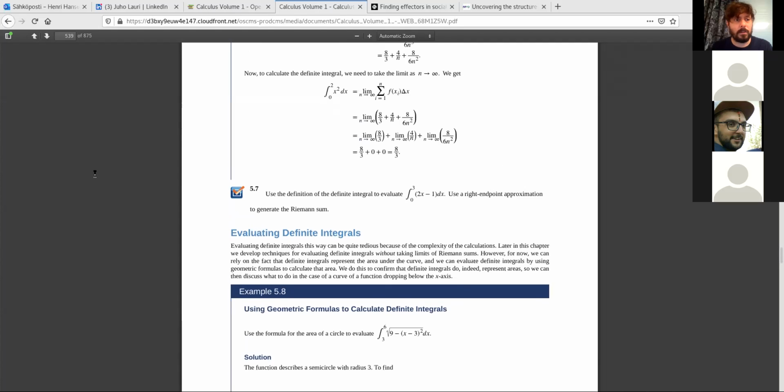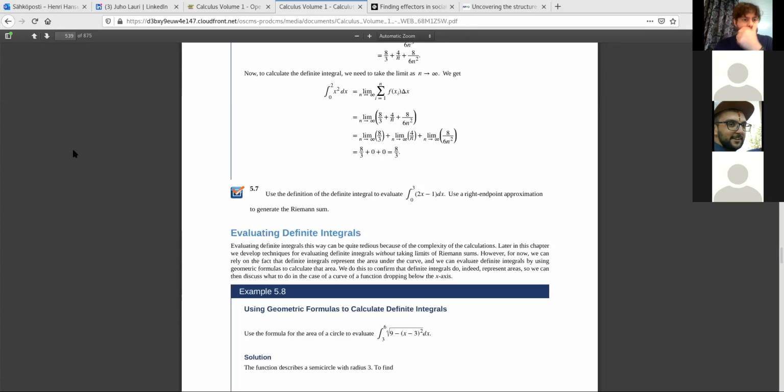We're dealing with the interval a is 0, b equals 3. So delta x is 3 over n. The width of the region is 3, and if we divide it into n equally sized pieces, that's 3 over n, right?